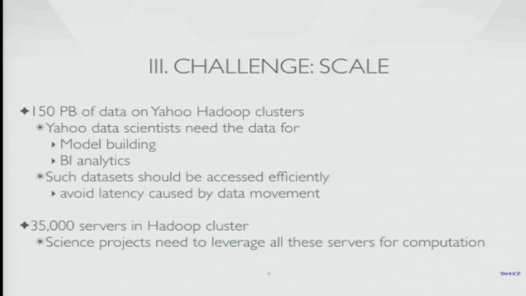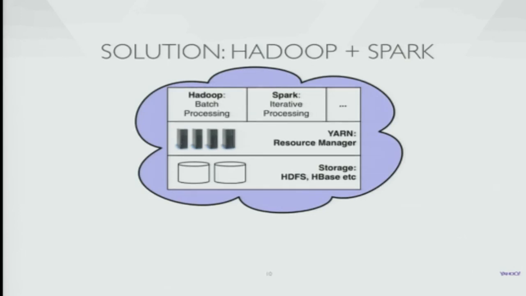So with those 3 challenges in mind, what we decided to do is to expand our big data platform to include Spark in the mix. What we are saying here is Hadoop is going to continue to be the core of our big data platform, and Spark will be an additional solution there with a focus on iterative processing.